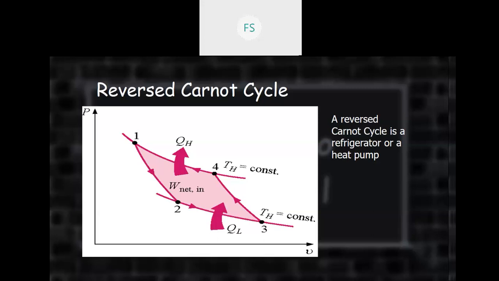And the arrow is reversed compared to the Carnot heat engine. So this reverse Carnot cycle is used for the refrigerator and heat pump. The heat is absorbed from the surroundings into the system during process 2 and 3 at the bottom and released to the environment during process 4 and 1 at the top of this cycle.